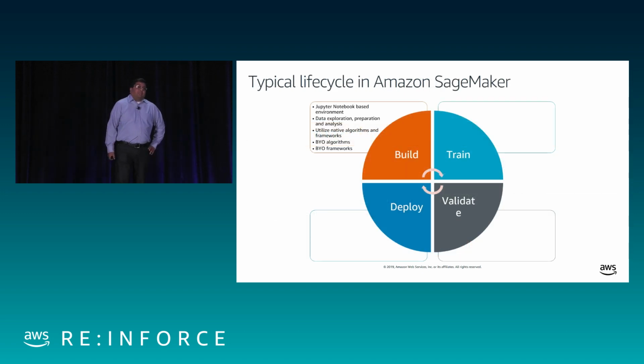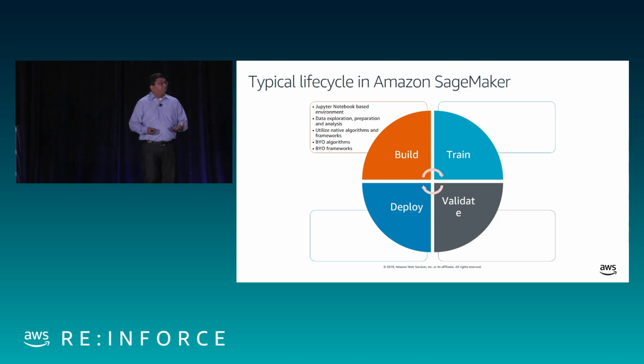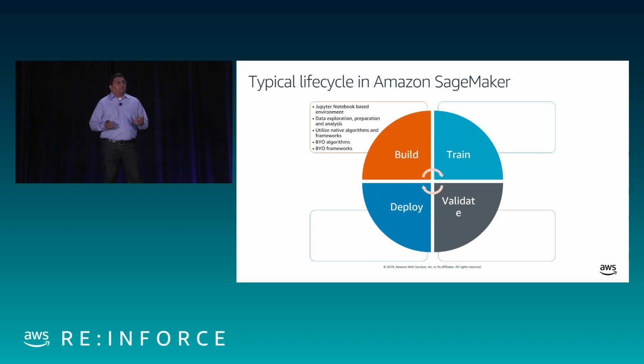Next section is a typical lifecycle in Amazon SageMaker. And why am I talking about lifecycle when this is a security conference? The most important thing I think we want to share with all of you is most data scientists and machine learning engineers work in a production environment.